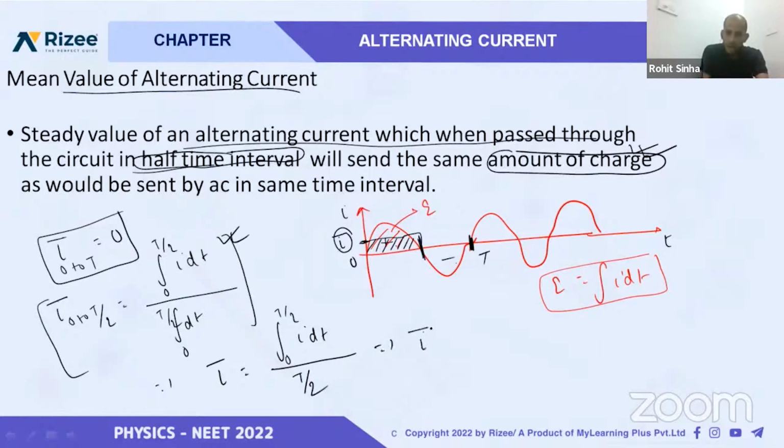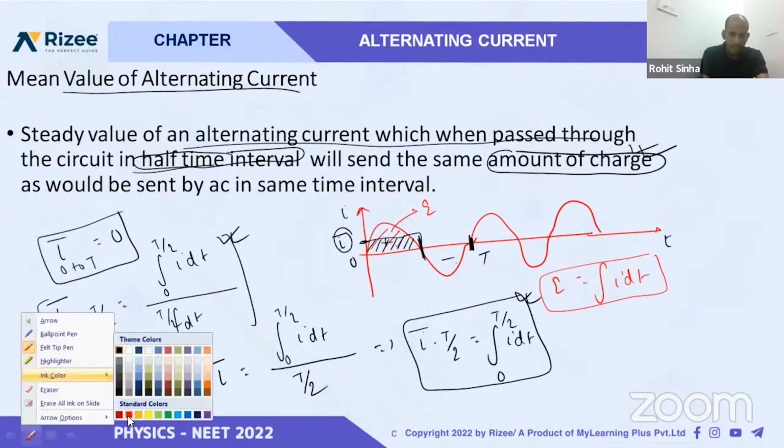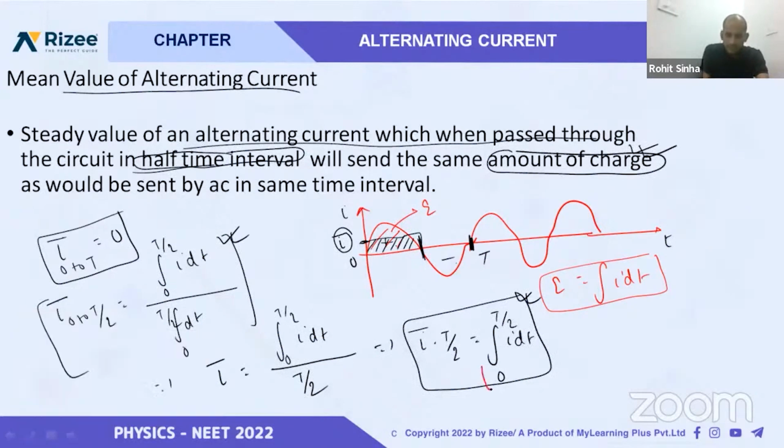Now you can solve it. What we get is I bar into T by 2 is equal to the integration of I dt from 0 to T by 2. This is the formula you should remember. What it is telling is that this is the charge flown by this alternating current in half cycle.